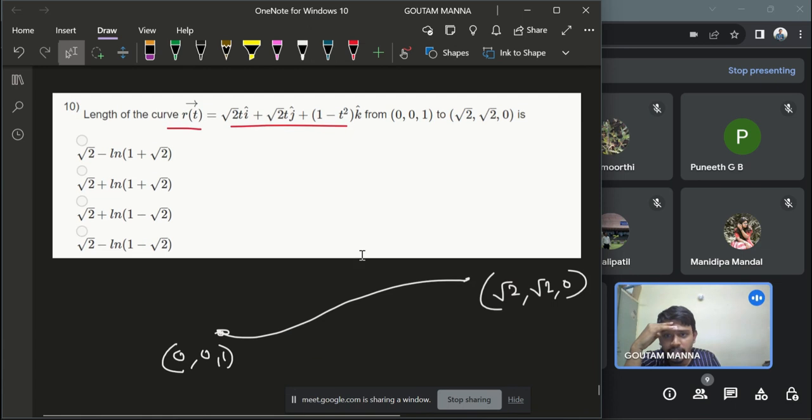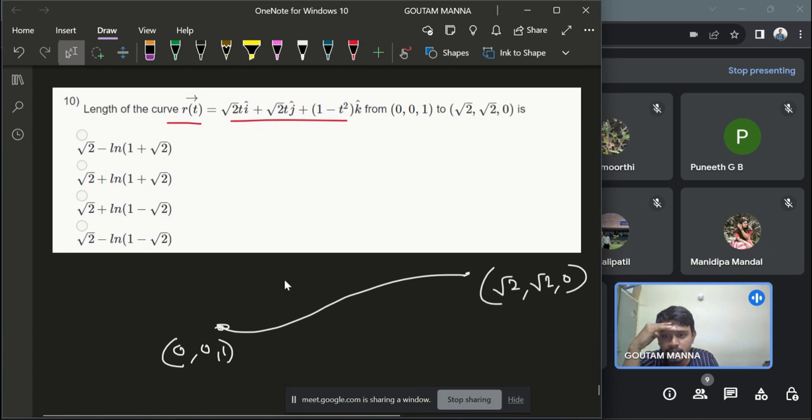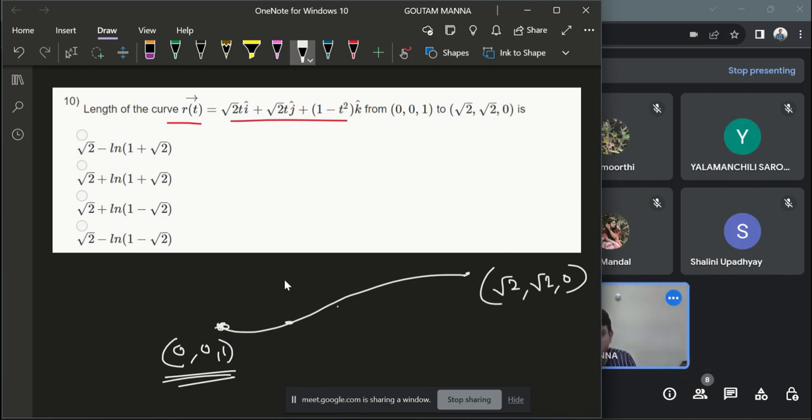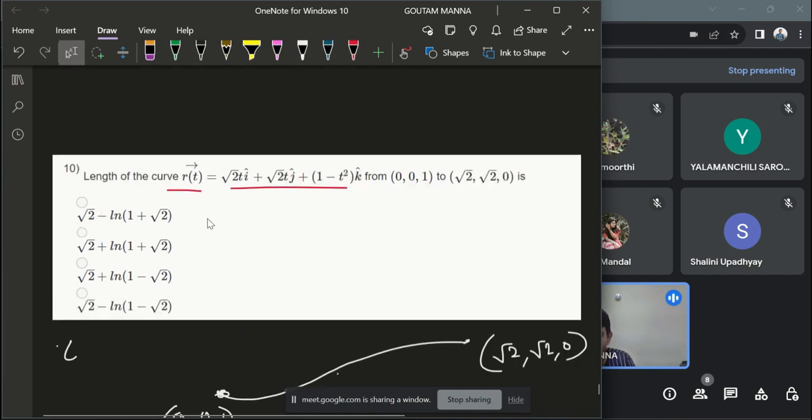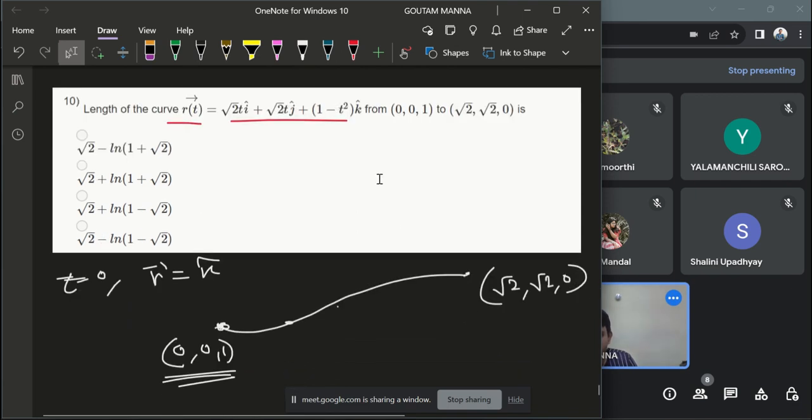So for each value of t we will be at some point on this curve, so change t and we will move along this curve. And so to start with this point, there will be a value of t for which we will be at this point, and you can easily see that if I put t equals to 0, then the r will be this one, the (0, 0, 1), right? So if I put t equals to 0, then r will be only k cap, that means we are at this point.